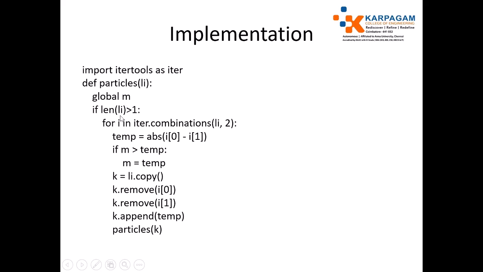Only if the length of the list is greater than 1 can we continue with the process. We can't generate combinations if it is less than or equal to 1.